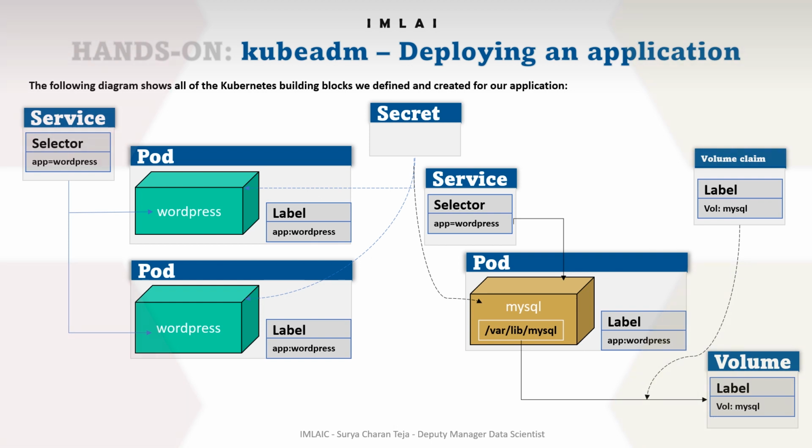So in production, we may want to update the WordPress deployment, increasing the number of replicas to handle the high load for the application. We can easily do it manually, but the preferred way in Kubernetes is to use the autoscaling feature.